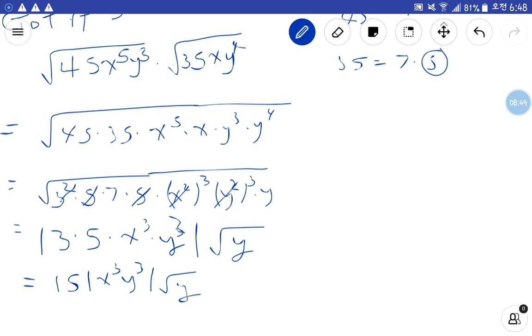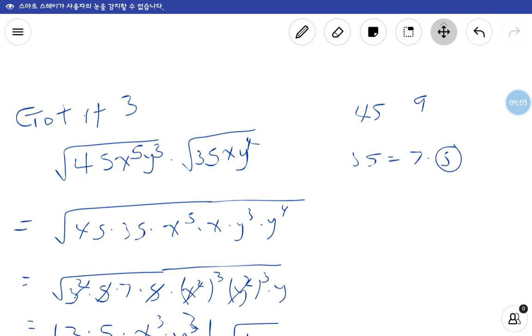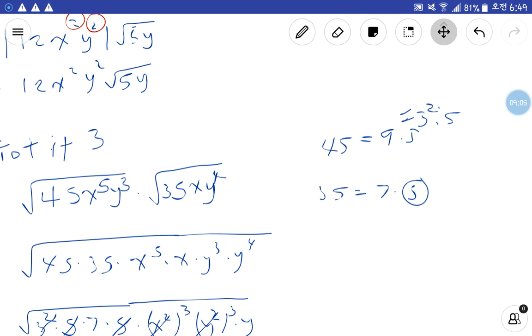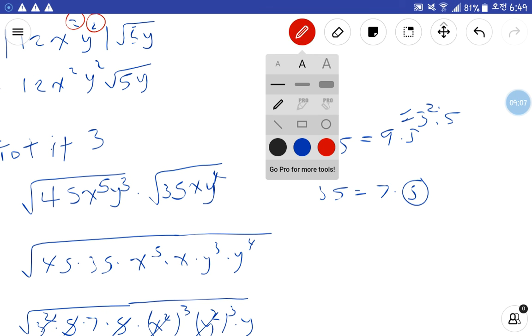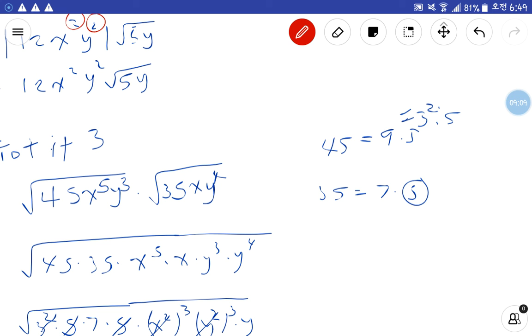But this answer is going to be a little bit more complicated because you have to go all the way back to think about your original question. Alright? So look. I have 45x to the 5th power y cubed. So before you start, to think about the sign part, which is the absolute value part, you have to think about your x and y.